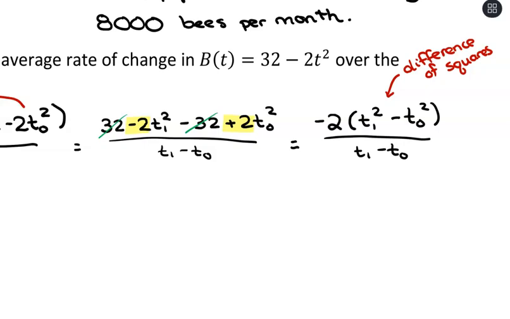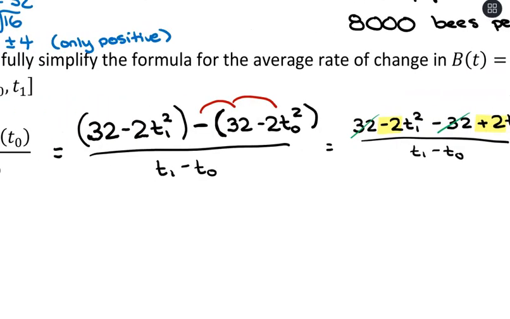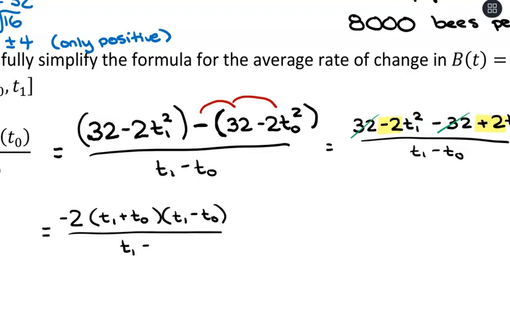So difference of squares is what I'm using here because we have a variable squared minus another variable squared. So in factoring that, what it would look like is I would still have that negative 2 out front. Then I can factor into two pieces where I have the addition of t1, t0, and then multiplied with the subtraction of t1, t0. So there's my factored form. And now that's perfect because I can see I have this matching in the denominator and numerator t1 minus t0 that can cancel out with each other.